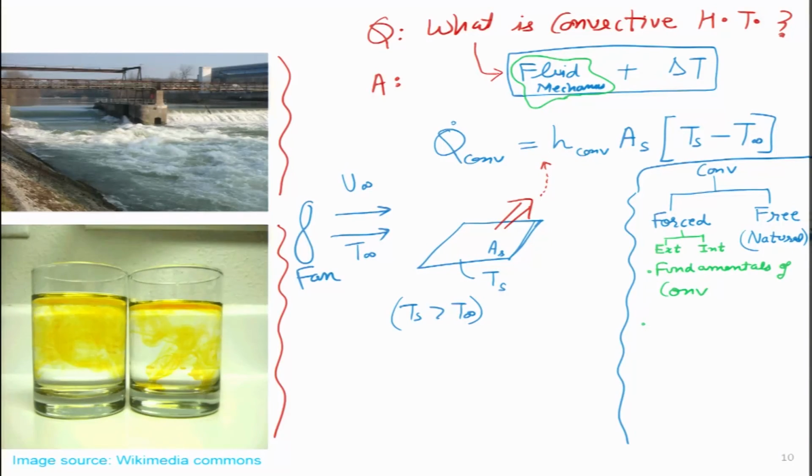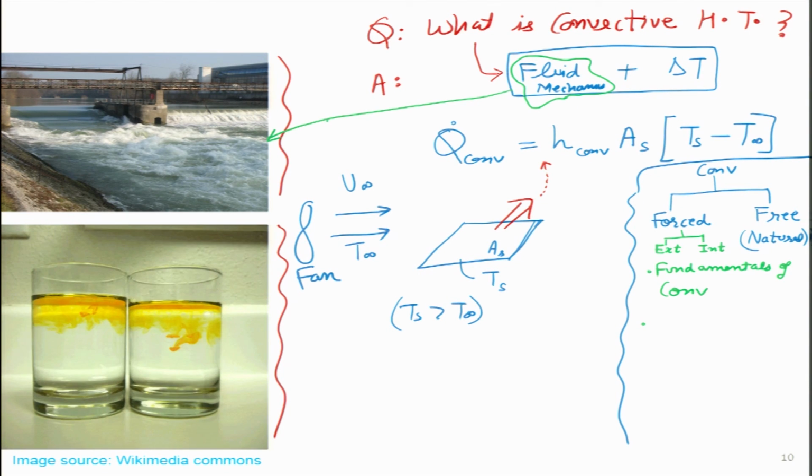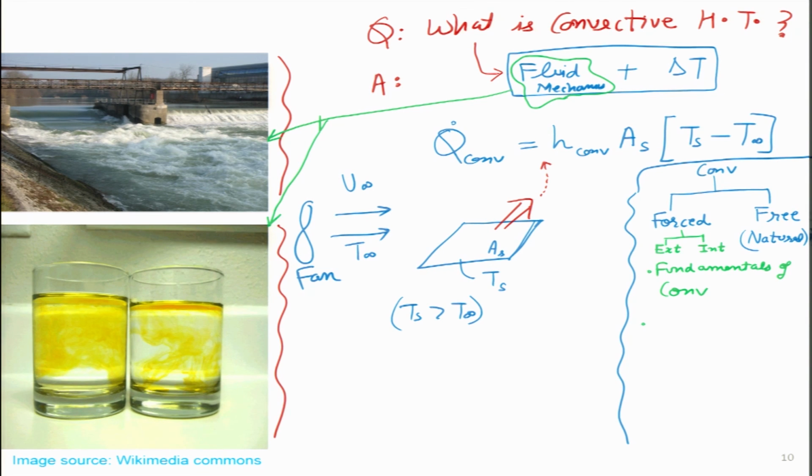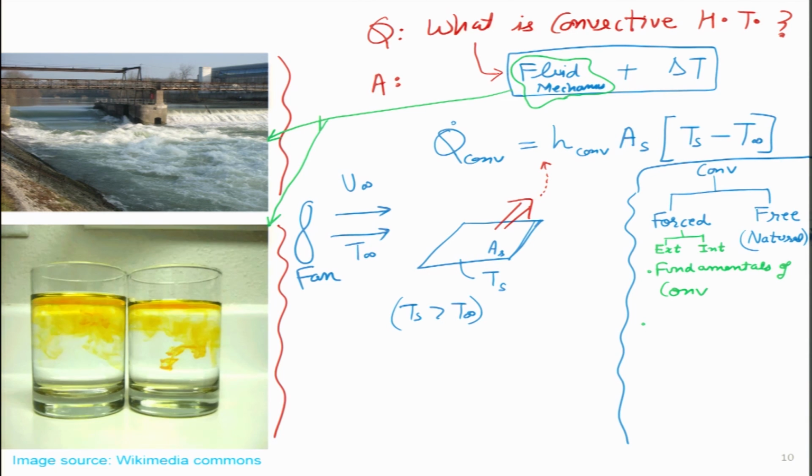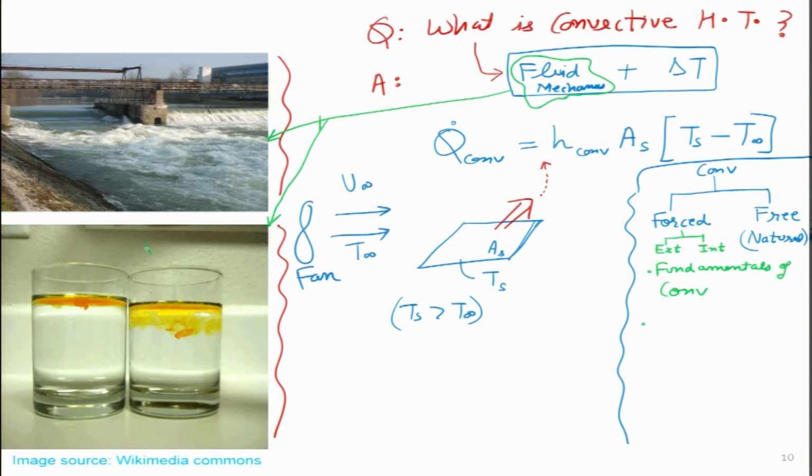This is the motivation behind putting both these figures over here, that fluid mechanics is a very predominant component of convective heat transfer. As we can see in these pictures, we will look at the picture again after a few slides, and we will try and analyze what type of flow we are looking at, and in the bottom we will try to ask questions about some sort of dispersion going on over here.